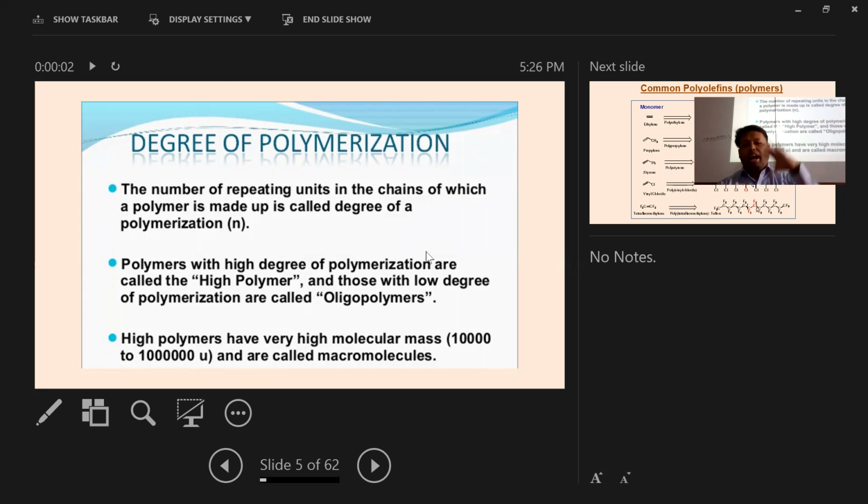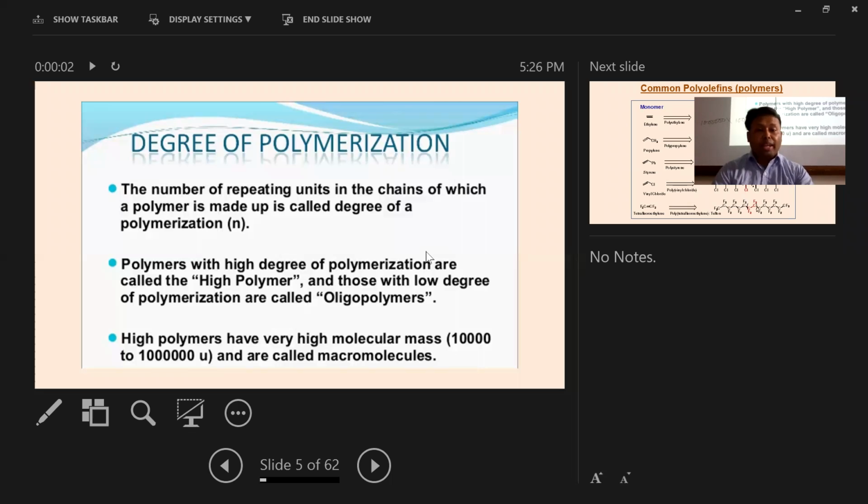Actually, for high polymer and oligopolymer, if you have a very small number of molecules, you can consider this an oligopolymer, and if you have a lot of repeating units, then you can call it a high polymer.